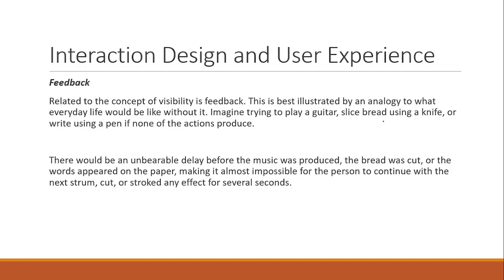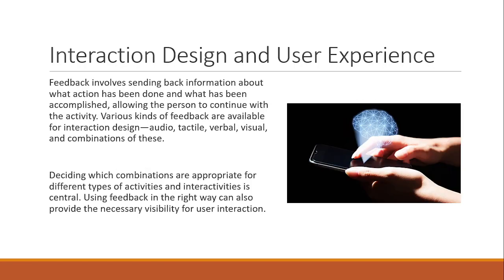So there is feedback. When someone is playing guitar or slicing bread, the feedback happens right away. When slicing bread, there is a sound when the knife touches the end of the cutting board. So we get feedback that the bread has been cut.